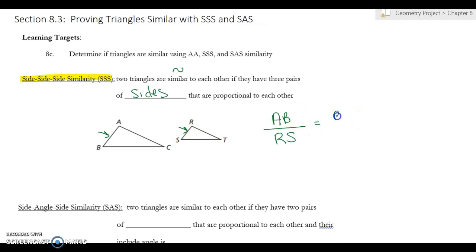And you'd have to get BC over ST. And then the last one, AC over RT. If you set up those three proportions and they're the same, they're equivalent, then these triangles are similar.